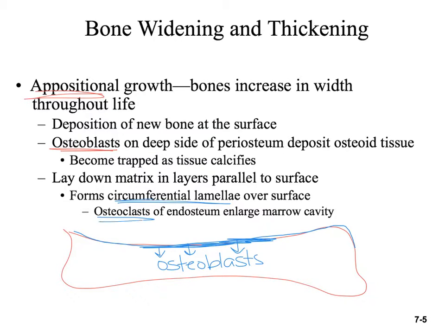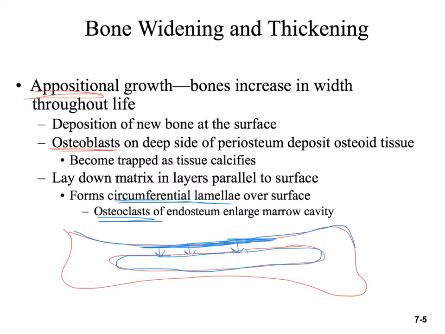It says here, osteoclasts of the endosteum enlarge the marrow cavity. So if you remember, the marrow cavity had its own connective tissue layer. If this is our marrow cavity, the endosteum would be lining the marrow cavity.